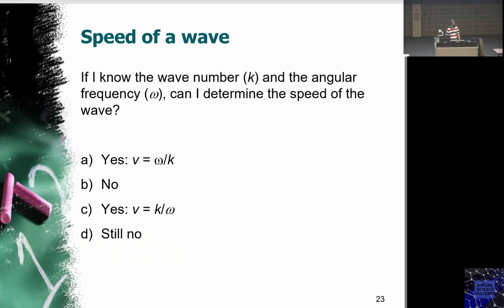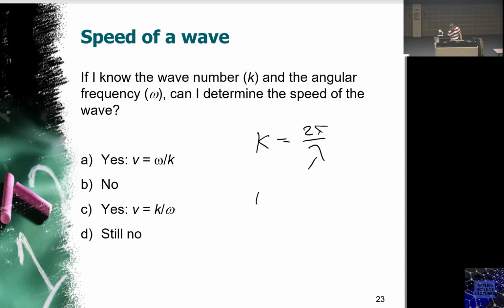Now, the question here is asking us the following. If I know the wave number and the angular frequency, can I determine the speed of the wave? In order to determine the speed of the wave, you need the wavelength and you need the period, right? Or the frequency. Now, the wave number does have the lambda, the wavelength.